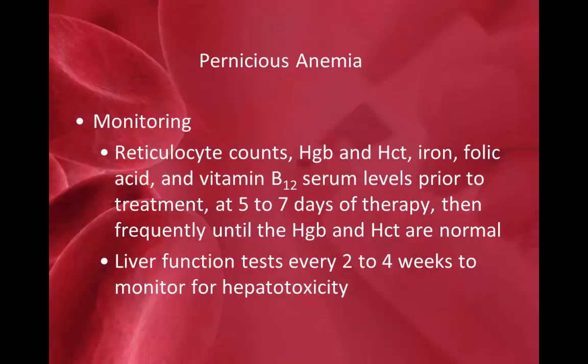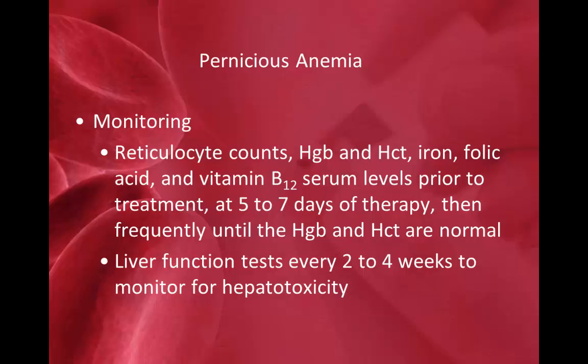What you would basically like to do for monitoring is reticulocyte count. Remember that hemoglobin and hematocrit would be diminished. The iron level would be completely normal, should not be affected, but folic acid is diminished, and vitamin B12 as well. So do that prior to treatment.